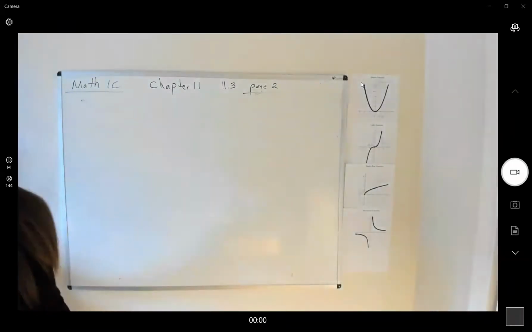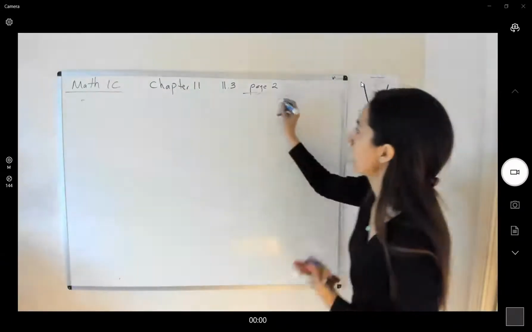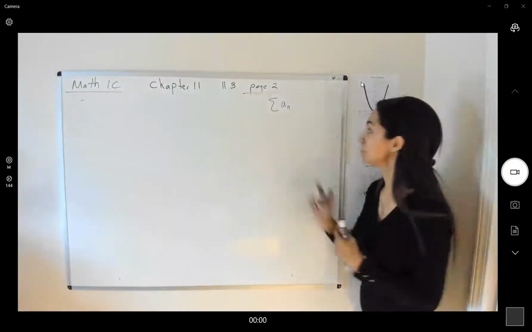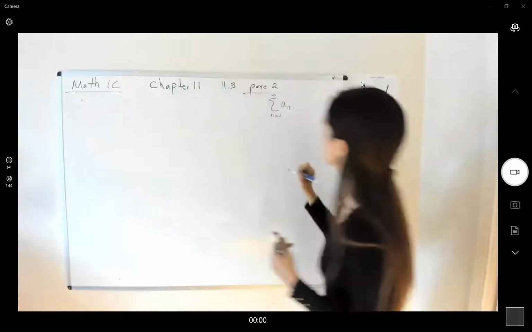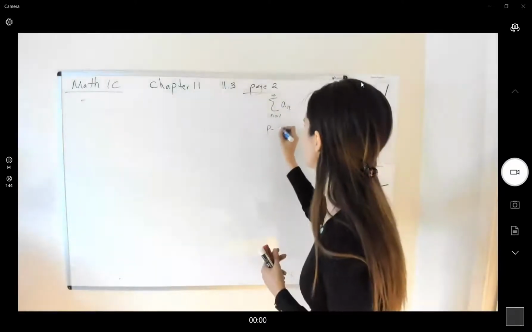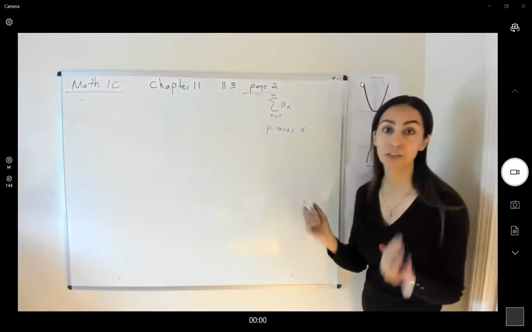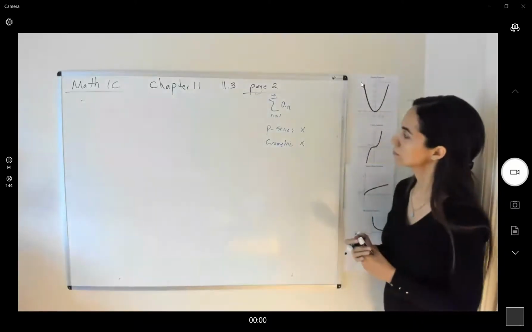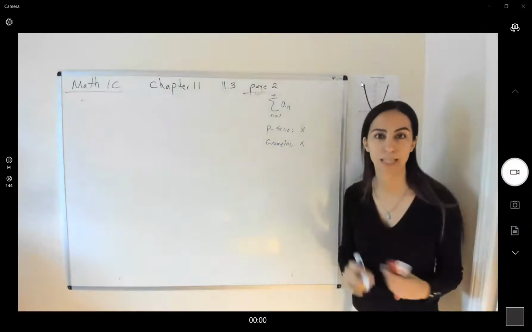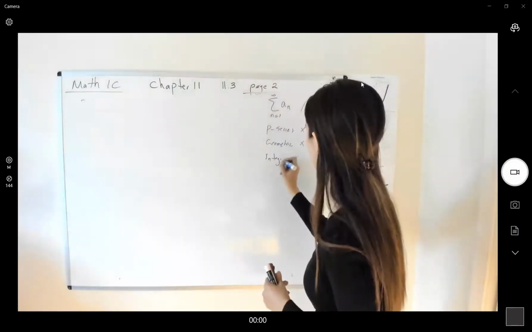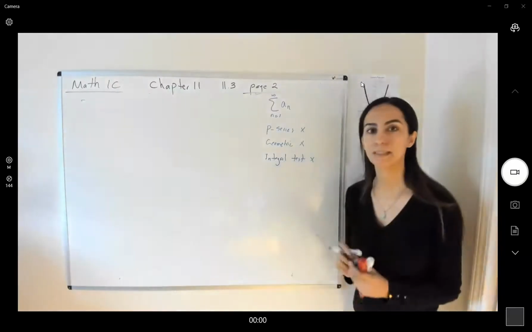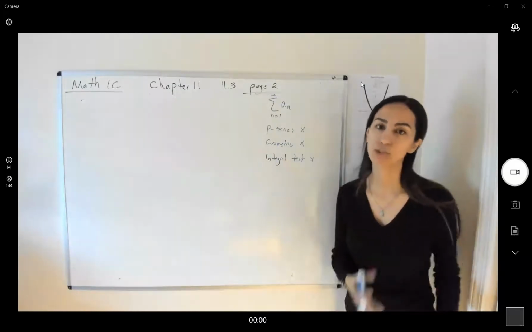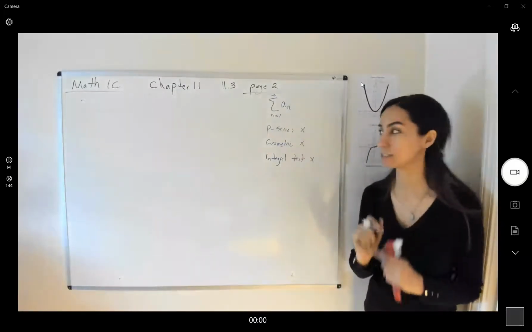So if we have a series like a sub n, starts from 1 to infinity, if it's not a p-series, if it's not a geometric series, if you cannot apply, for example, integrals, the next step is to take a series that we already know is convergent or divergent and compare it with this series.